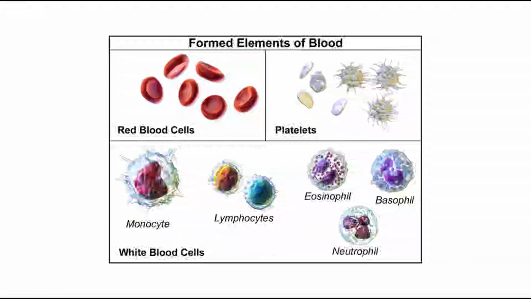These elements include erythrocytes, RBCs, WBCs, etc. RBCs are responsible for oxygen transport to the tissue via hemoglobin, WBCs are involved in the immune response, and platelets are important for clotting and wound healing.